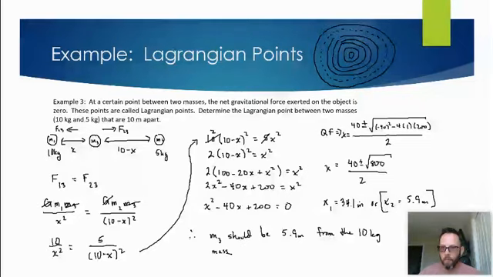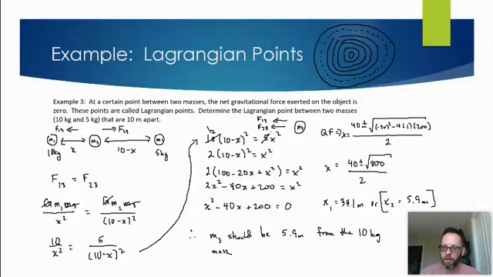But what does this 34.1 meters mean? Well, if you were to place M3, you don't need to write this down, but on my screen, way over here, what you would find is that both F13 and F23, the gravitational force of 1 on 3 and 2 on 3, would be the same, except that they'd both be acting to the left.